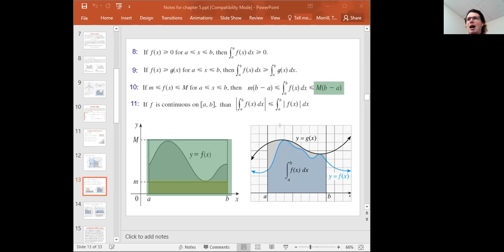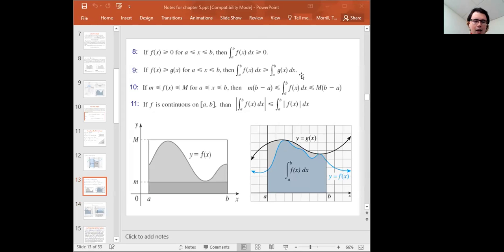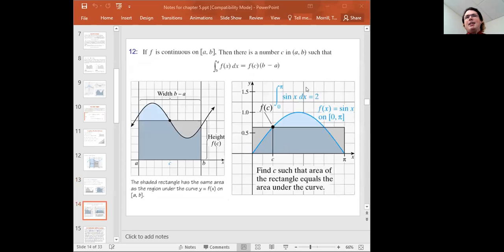Again, because I don't know if my rectangles are representing positive area or negative area. So if I integrate the absolute value of a function, I'll get a bigger integral than taking the absolute value after doing the integration. So that seems like a lot.